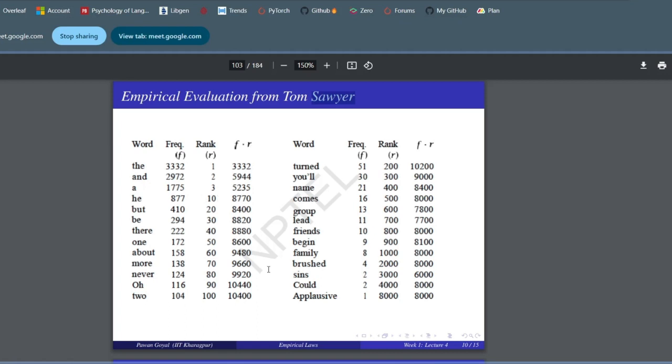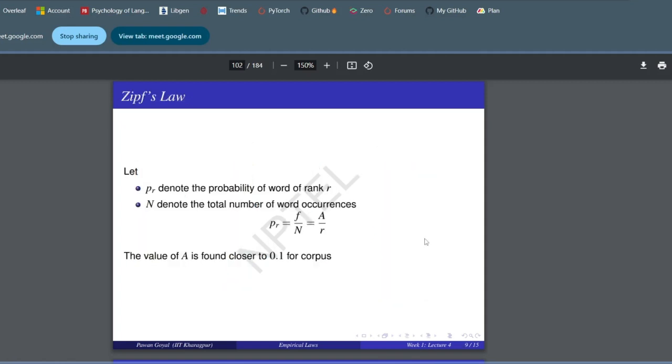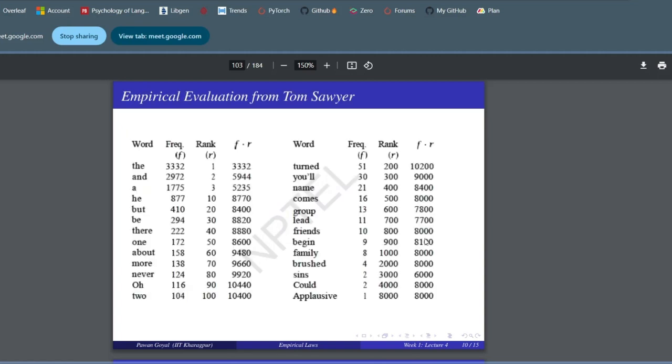The main objective of this slide was to show that the product of frequency and rank is more or less the same. There are also words with rank 4, 5, 6, 7, 8, but they are not shown in this table. Thank you.